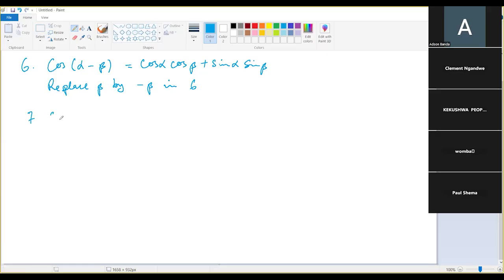So I'll just call this identity number 7. So where there is beta, we put minus beta. So that will just be cos.